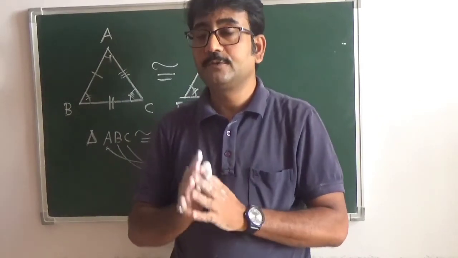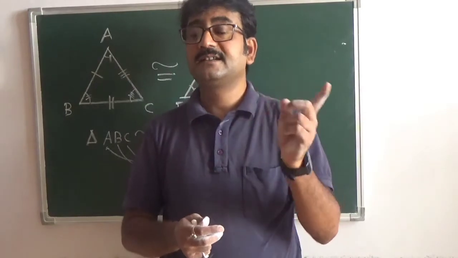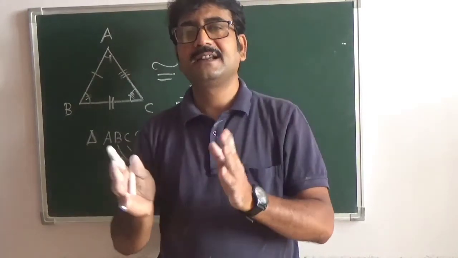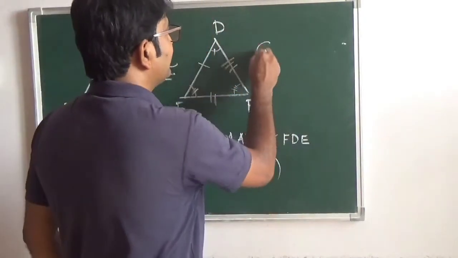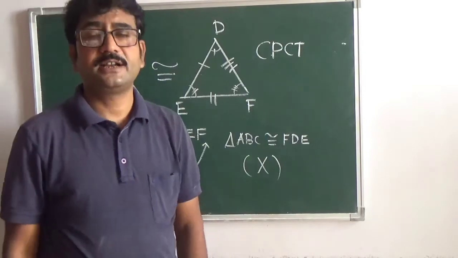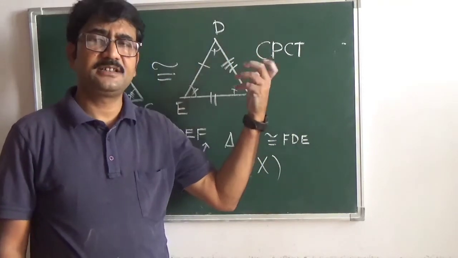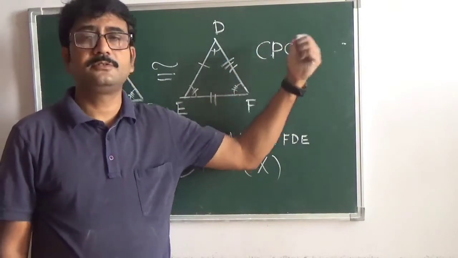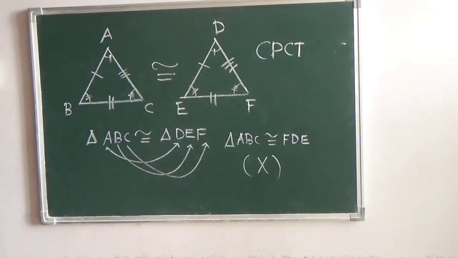And if, after proving the congruency, you have to further prove that two sides are equal, then you write that they are congruent by CPCT, as I told you, corresponding parts of congruent triangles. Since the triangles are congruent, you can directly write that side AB equals DE, like this. So this is all about the concept of congruency of triangles.